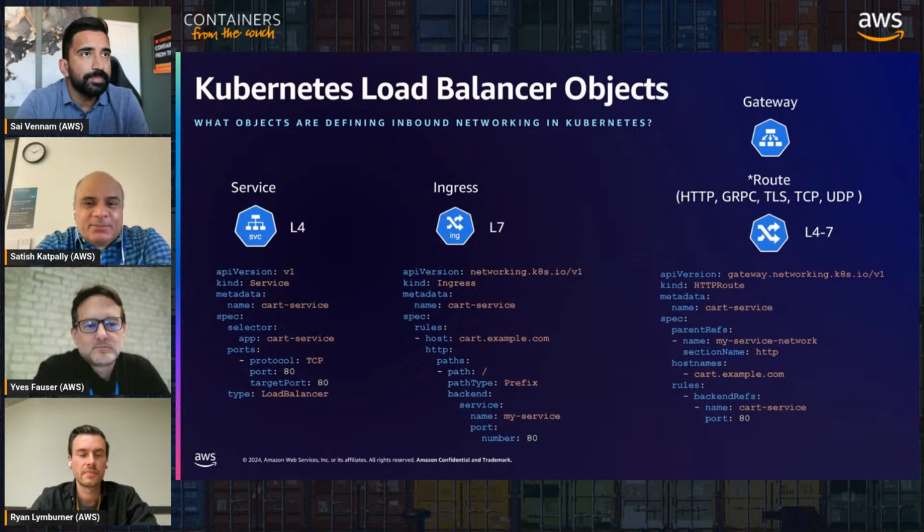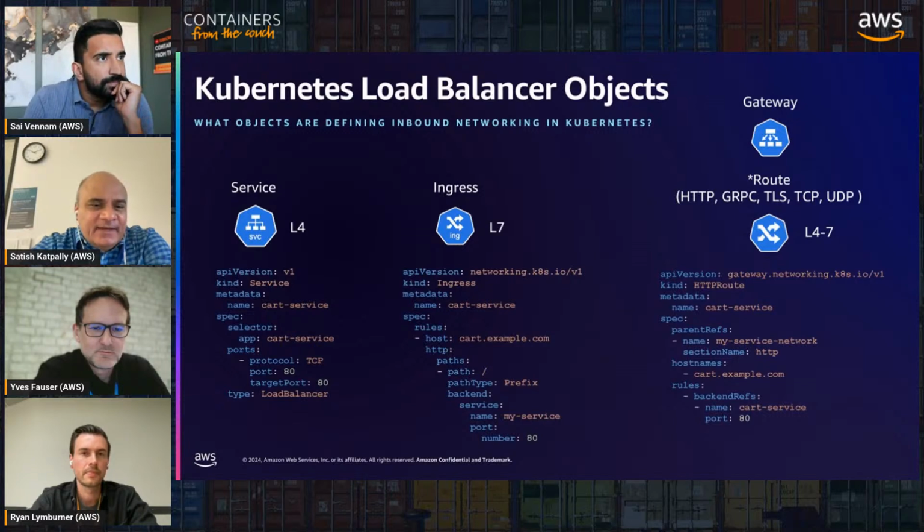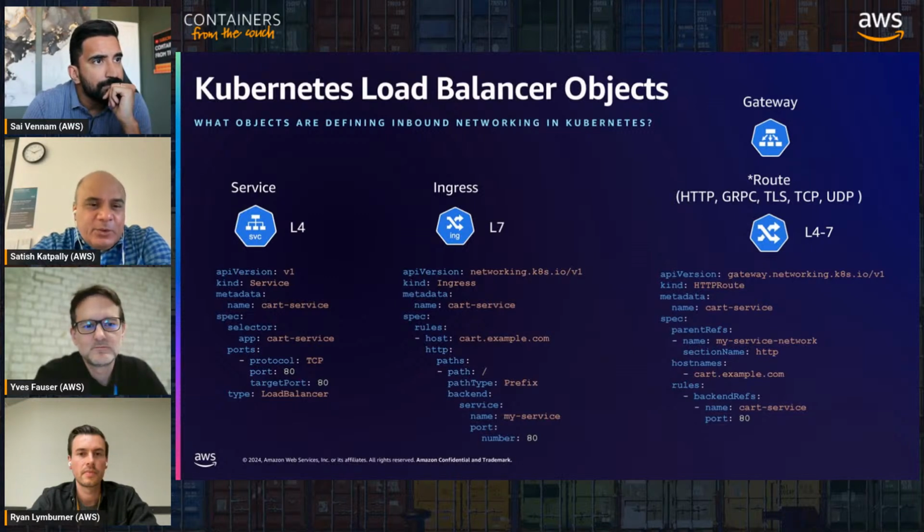So the multi-protocol support was one, and then in terms of role-based control that I was mentioning before, what role does the platform team play in the manifest versus what does the developer have control on? How do you set up your blue-green deployments, et cetera? So those are some of the reasons why the community has decided to move towards a more standardized approach for Ingress, and that's where the Gateway API comes in, for both north-south and east-west.